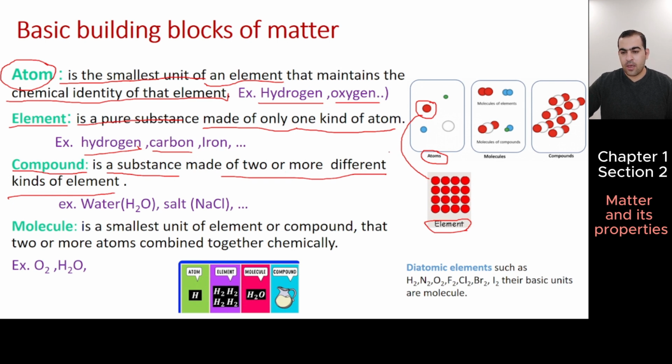So when two or more different kinds of elements combine, for example, oxygen element with hydrogen element, not hydrogen atom, because a compound is big in number, in size. So H2O.